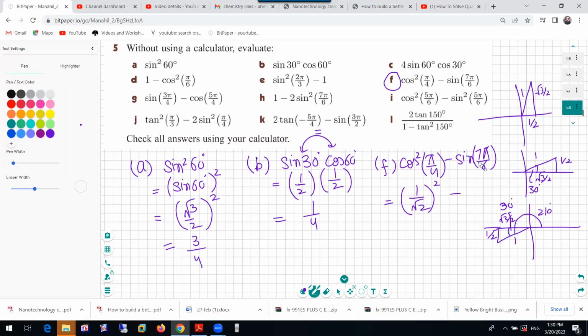So now you can use the trigonometric ratio. Sine is the opposite side, negative, obviously, because it's on the negative y-axis, right? So minus 1 over 2, over 1. Clear? So 1 over square root 2 whole square is 1 over 2, and minus into minus is plus 1 over 2. Oh, sorry, it is in a square.